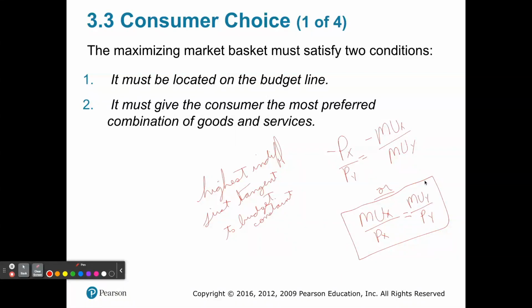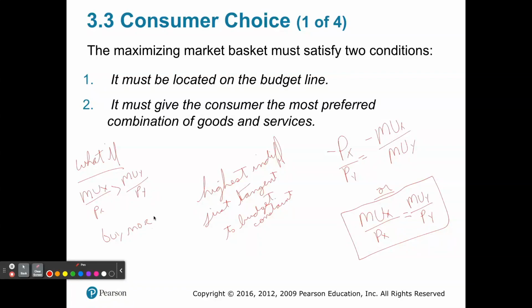What if this wasn't true? So, what if MUX over PX was greater than MUY over PY? Then what would you do? You'd buy more of X because X is making you happier per dollar spent. What happens though as you buy more?